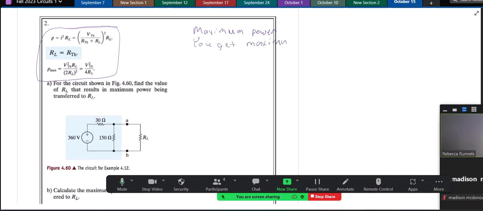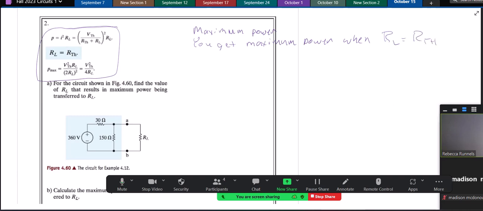You get maximum power when R Thevenin... well, it's really because you're setting the load. You don't determine. Well, I guess you could do either one. I was going to say when RL equals R Thevenin.